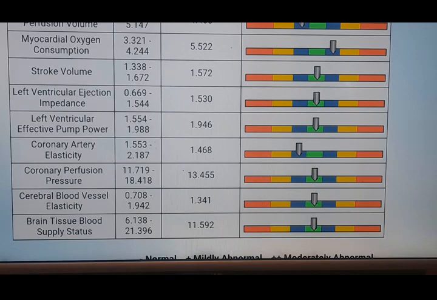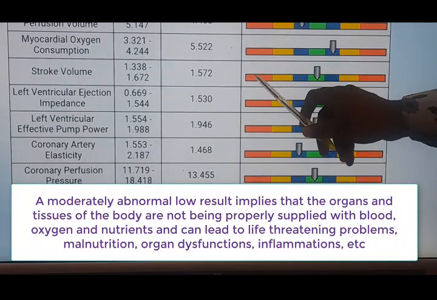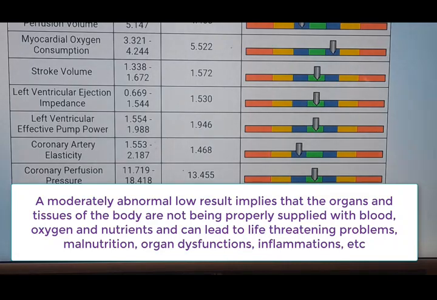But if it is moderately abnormal low or severely abnormal low, it shows that the body is not being properly supplied with blood. It means that the tissues, the organs, the cells are not being properly supplied with blood.